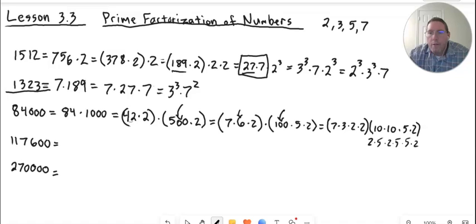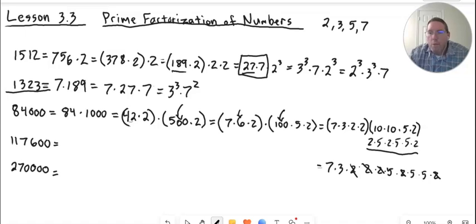Okay, and so what we wind up with here is 7 times 3 times 2 times 2 times, now we're going to do these, times 2 times 5 times 2 times 5 times 5 times 2. Okay, and then we're going to count them up. 1, 2, 3, 4, 5 2s.